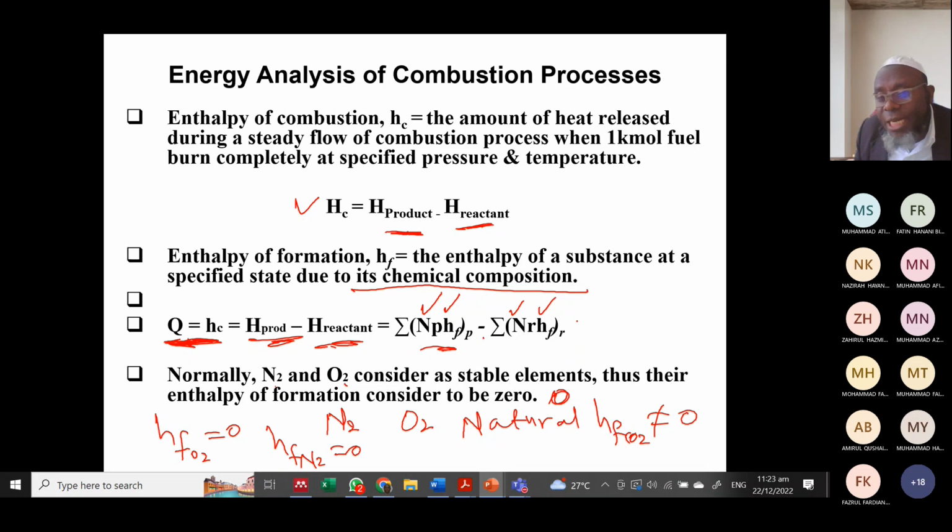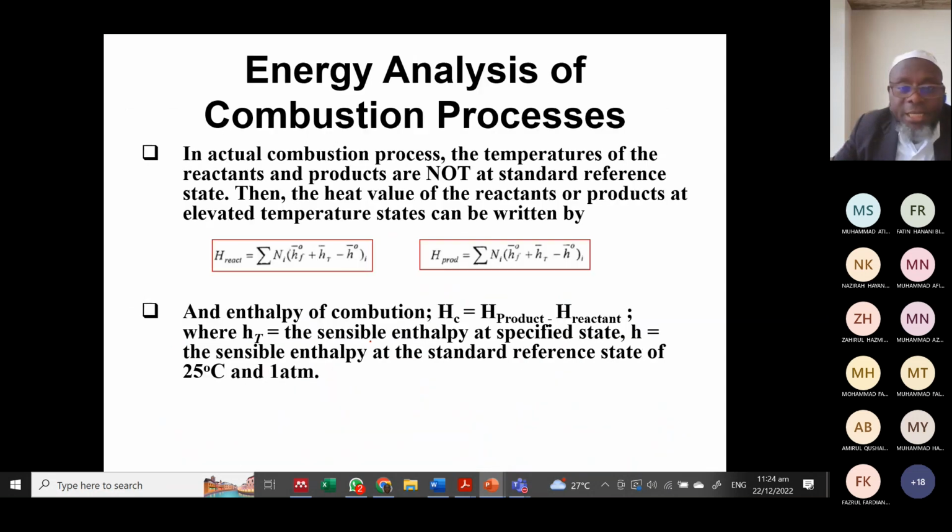Because carbon dioxide is formed from carbon. Carbon plus oxygen gives you carbon dioxide. You understand me? So carbon dioxide does not really exist in its natural state like this. It is formed by the combination of two elements, namely carbon and oxygen. So its enthalpy of formation is not equal to 0. But the enthalpy of formation of nitrogen and of oxygen is 0, because they exist in their natural state.